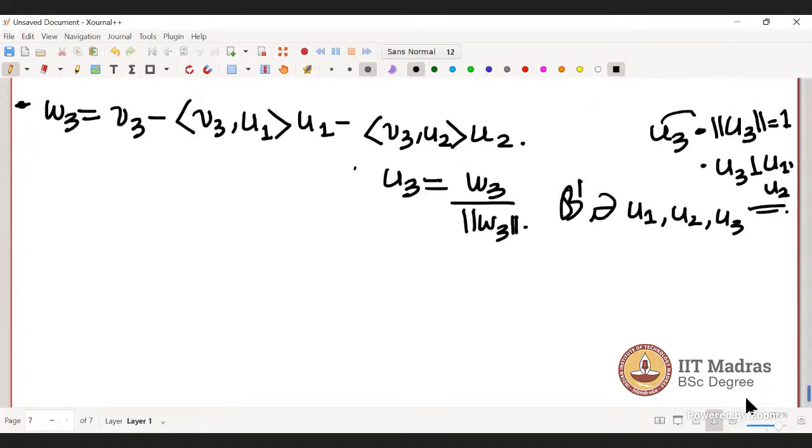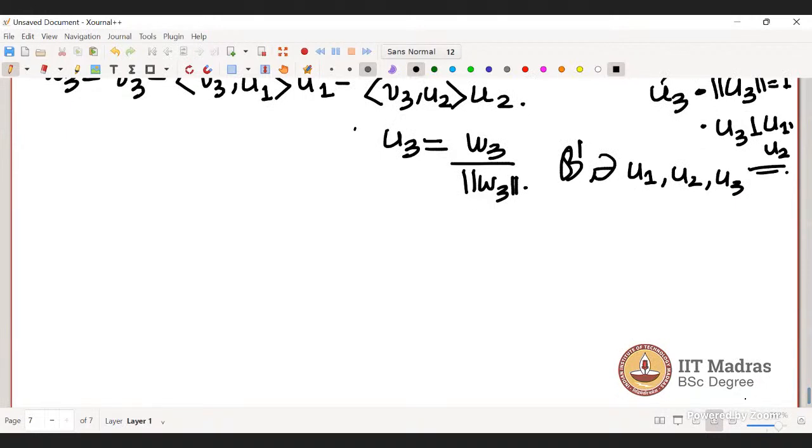And if I follow the same method, then similarly I can get the nth element of this orthonormal basis. And how?